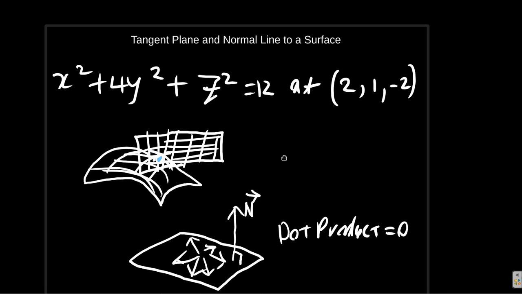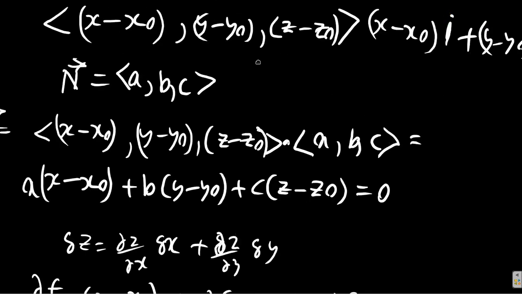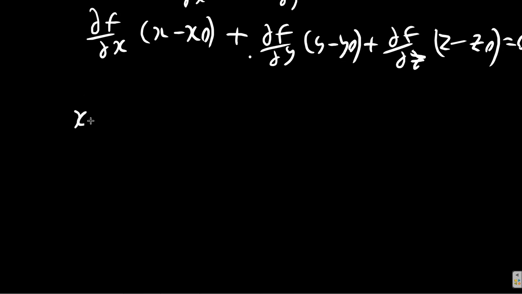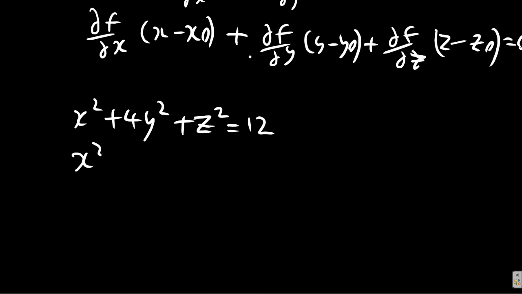The surface is x squared plus 4y squared plus z squared is equal to 12. But in order to write it so that it's equal to 0, we have to subtract 12 from both sides. So we have x squared plus 4y squared plus z squared minus 12 equals 0.